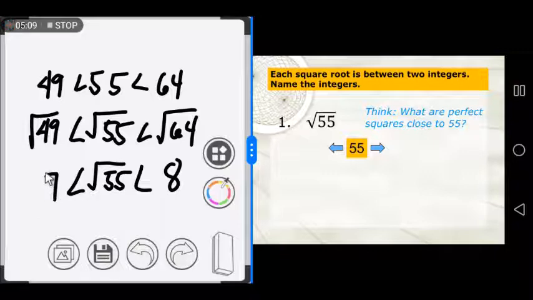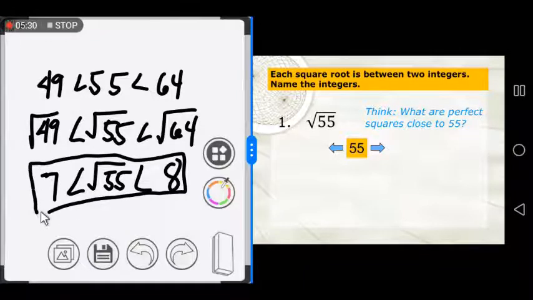So, itong notation na to, it means that the square root of 55 is greater than 7 and lesser than 8. In other words, siya ay in between 7 and 8. Okay? So, ang goal lang naman natin is to identify which two integers.